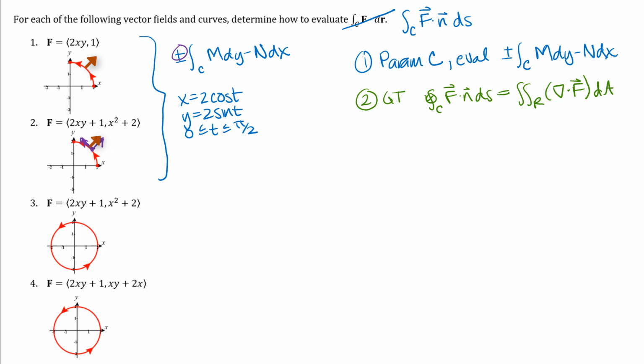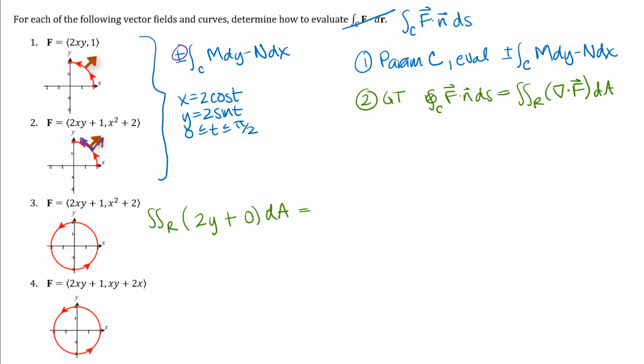The second two, I do have a closed curve, so I can use Green's theorem. So for this first one here, when I go ahead and evaluate that right-hand side of Green's theorem, I'll be doing the double integral over the region R of the divergence. So for the divergence, that's del dot f. So I'll apply del x to the first component, I'll get 2y, plus del y to the second component, 0.